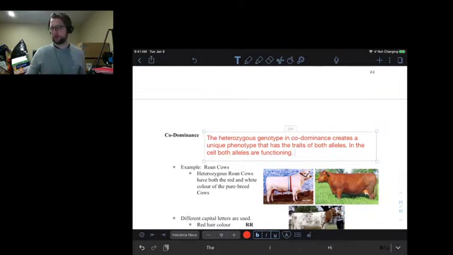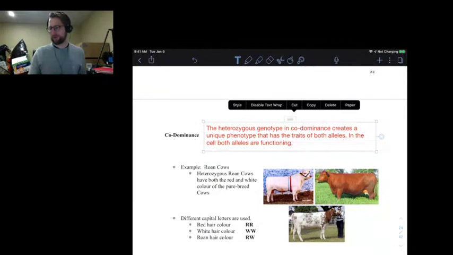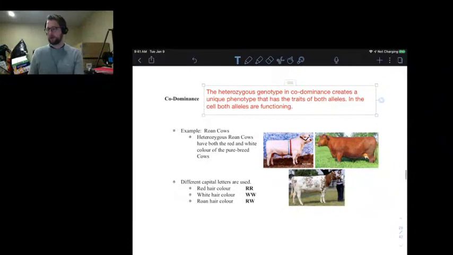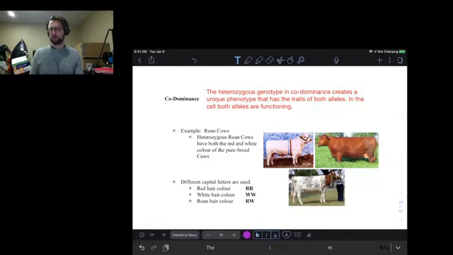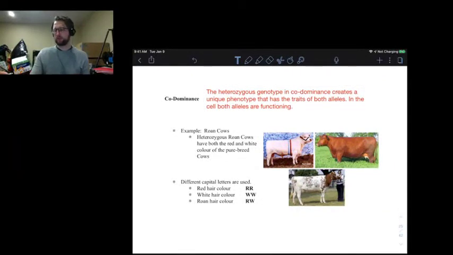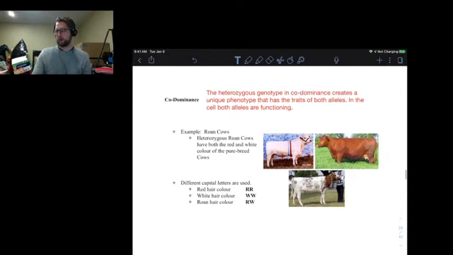But there are quite a few examples of this out in the wild. So one example is the roan cow. The roan cow is when you take a purebred white cow like this and a red cow and you cross them, and the result is a mixture of red and white in the cow.